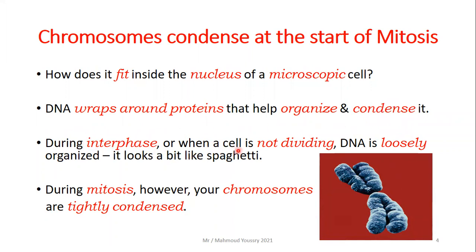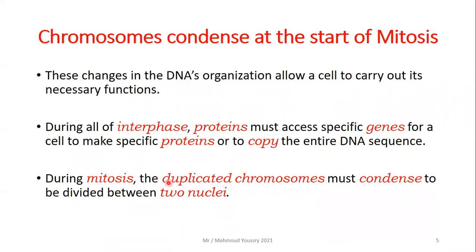During interphase, or when a cell is not dividing, DNA is loosely organized and looks a bit like spaghetti. This is the normal part of the cell cycle during interphase, which is gap 1, synthesis, and gap 2. During mitosis, however, the chromosomes are tightly condensed, like the one in the picture.